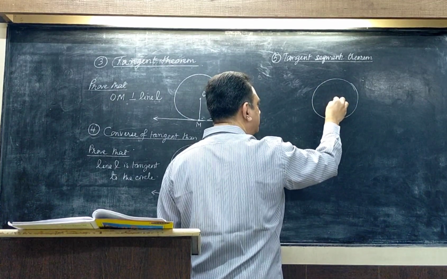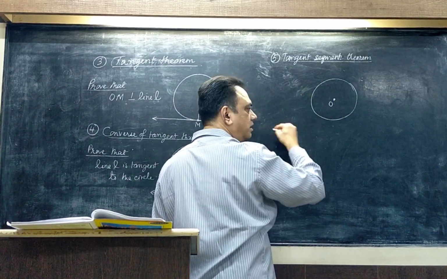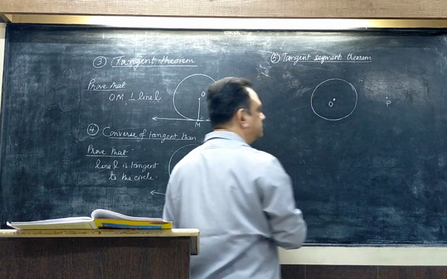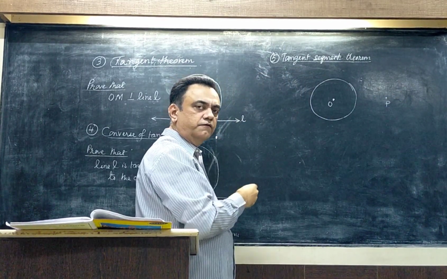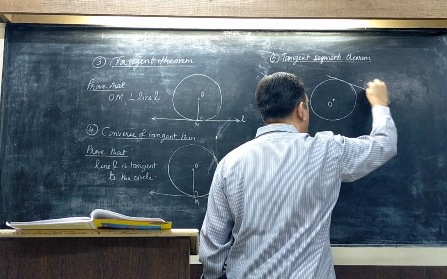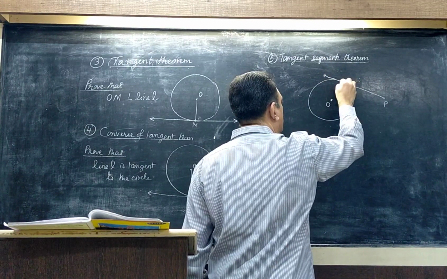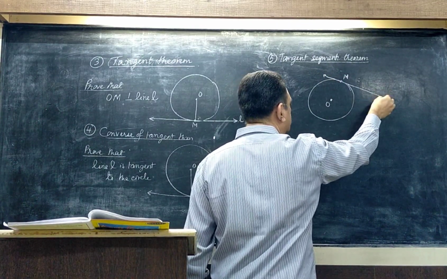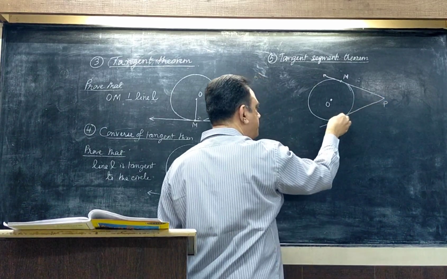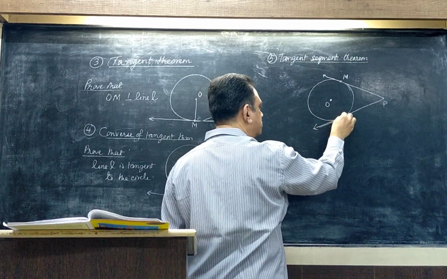O is the center of the circle. Point P is in the exterior of the circle. From the point P, tangents are drawn to the circle. Which are the tangents drawn to the circle? PM and PN are the tangents drawn to the circle.